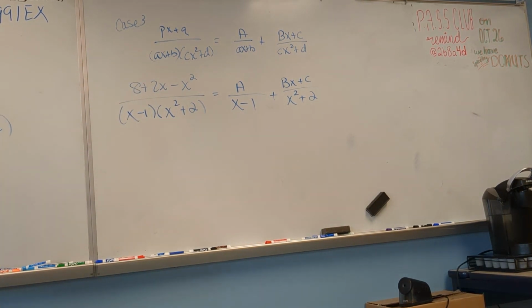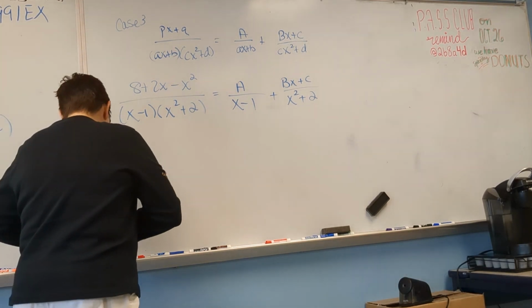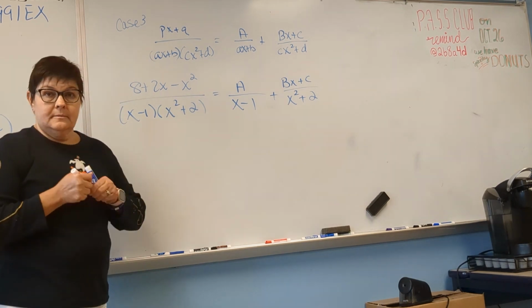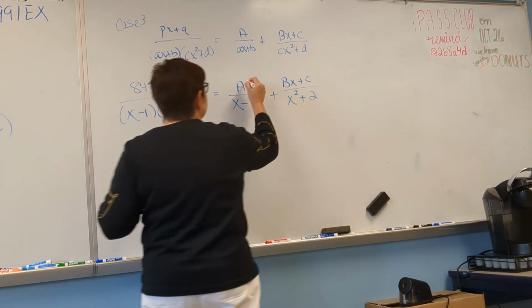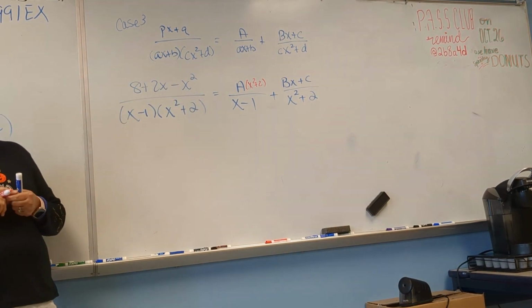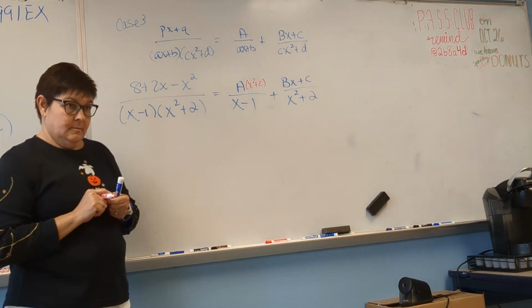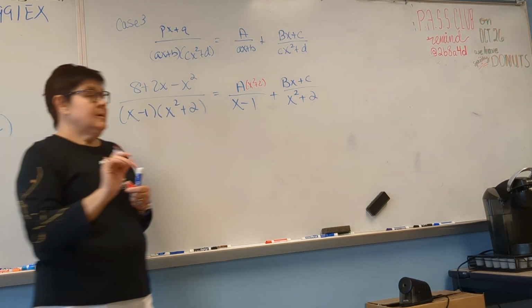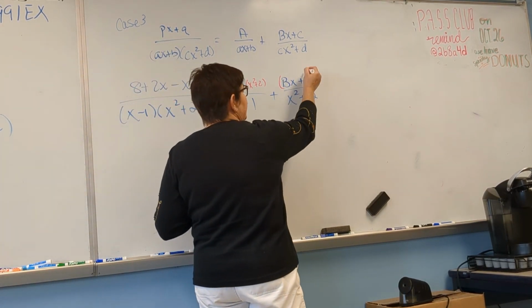Okay, now we have to get a common denominator. So what am I multiplying a by? X squared plus 2. And what am I multiplying bx plus c by? X minus 1. And do me a favor, take the bx plus c and put it in parentheses.